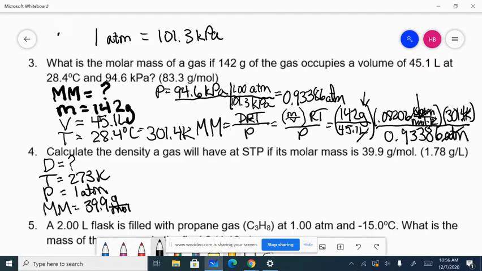So remember our molar mass equation: molar mass equals dRT over P. I'm going to rearrange to solve for density, which is molar mass times P over RT.